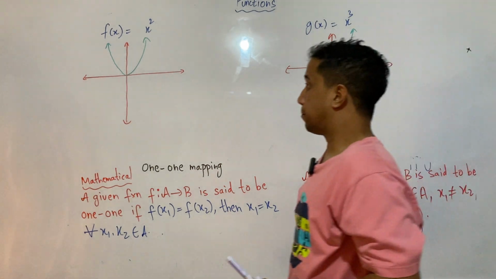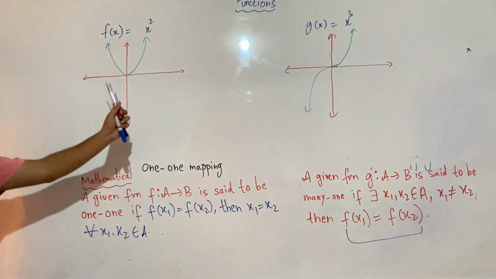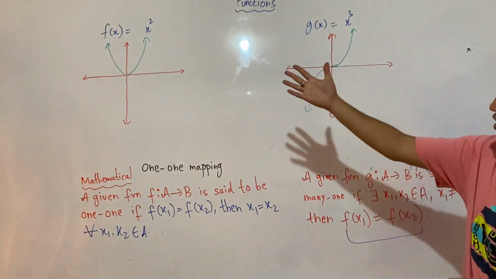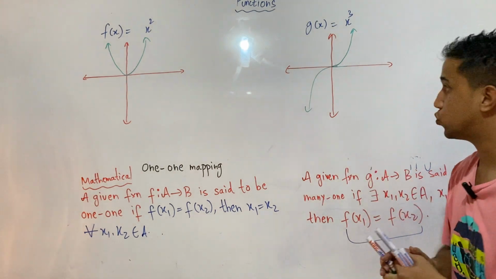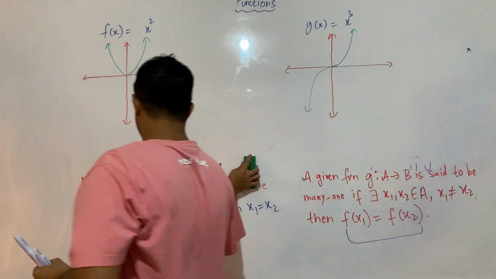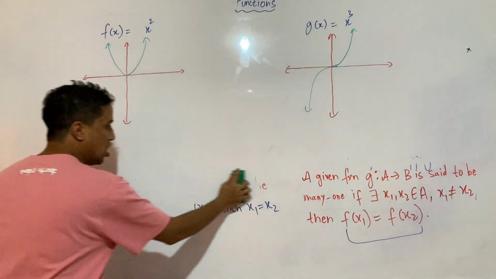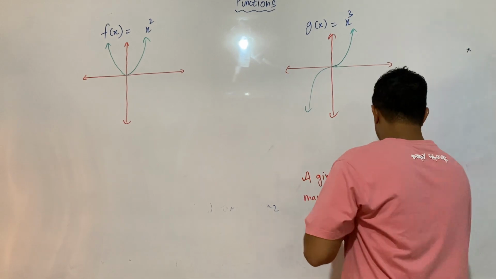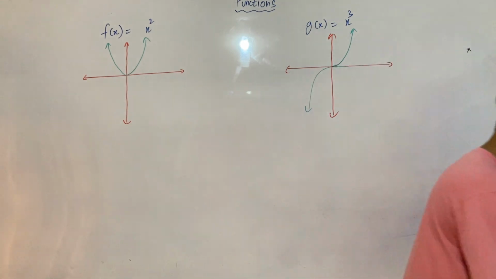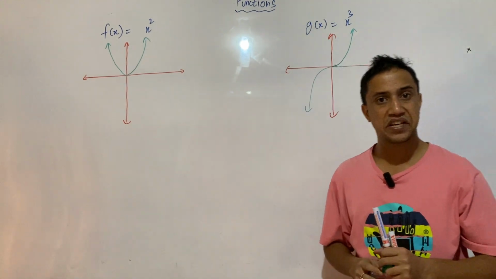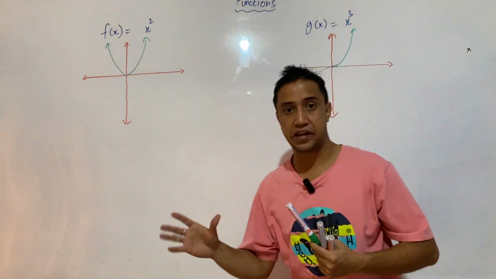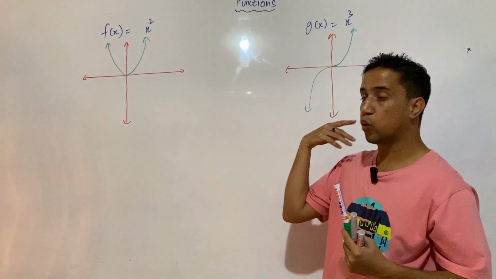Okay, so we need to check which one is one-one and which one is many-one. Now we can do one thing. When curves are given, things get easier. We can do a kind of horizontal line test. What does horizontal line test mean? We had spoken about the vertical line test before, which helps us differentiate relations and functions. And what does that say?